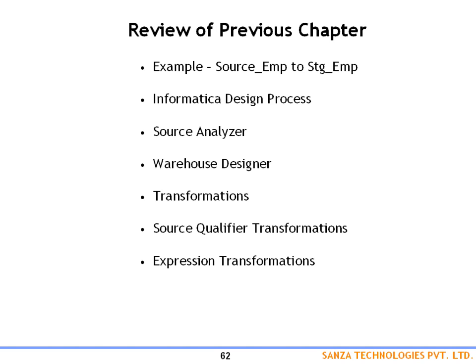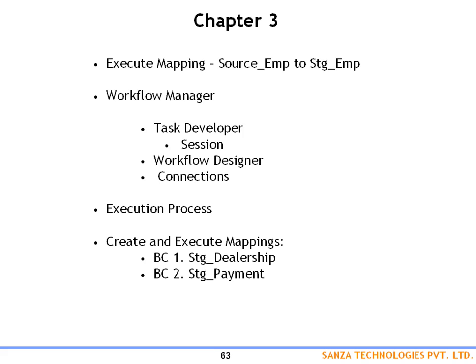When you save it, it will validate the whole mapping for syntax errors, for connections, data types, and the flow from the source to the target. This is what we discussed in the previous chapter. Now in chapter 3 we are going to discuss executing the mapping source EMP to STG_EMP table, workflow manager, task developer, session, workflow designer, connections, and the execution process, and how to create and execute mappings.